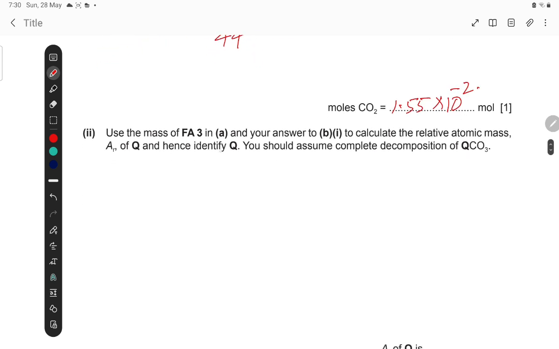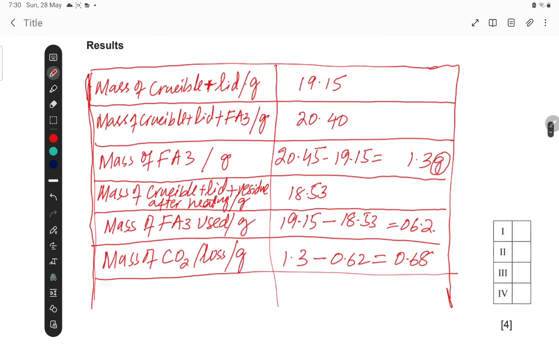Use the mass of FA3 in A and your answer to B1 to calculate the relative atomic mass Ar of Q and hence identify Q. You should assume complete decomposition of QCO3. We know the mole ratio of QCO3 to carbon dioxide is 1:1 in the chemical equation.